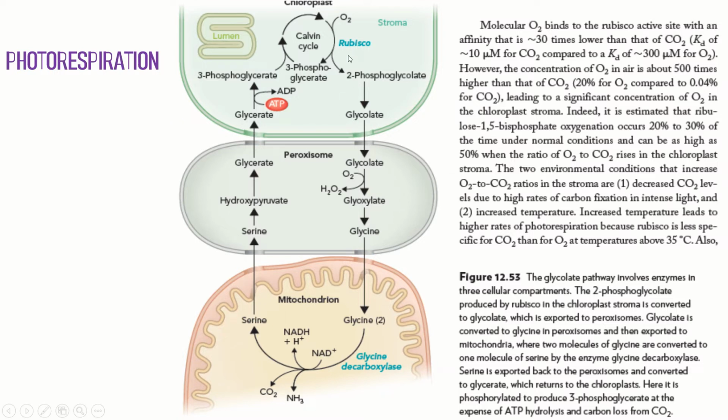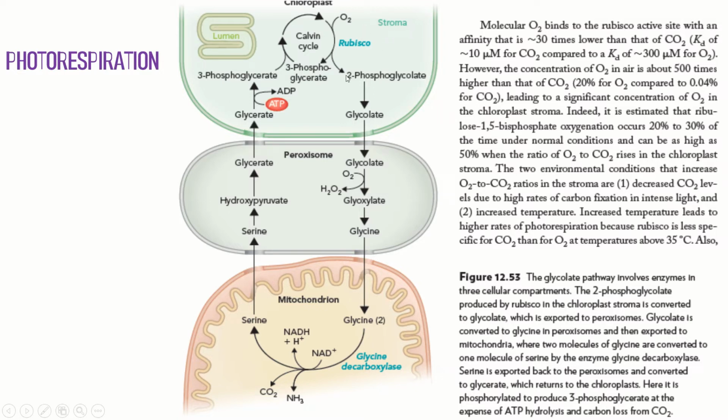Rubisco is accepting oxygen. That means RUBP is combining with oxygen. The reaction is catalyzed by Rubisco, and what is produced is 2-phosphoglycolate. Remember, what is the product when carbon dioxide is accepted instead of oxygen? So 2-phosphoglycolate is produced, and where is it taking place? It is taking place here.